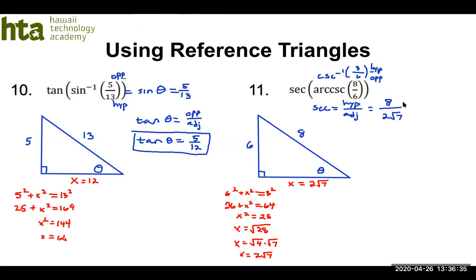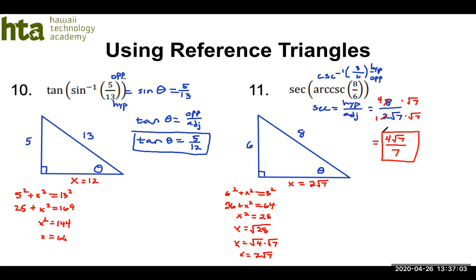So we have to multiply top and bottom by the radical in the denominator, by rad 7. Let's also not forget that we can simplify the 8 and the 2. When we multiply this out, we get 4 rad 7 on the top and 7 on the bottom.